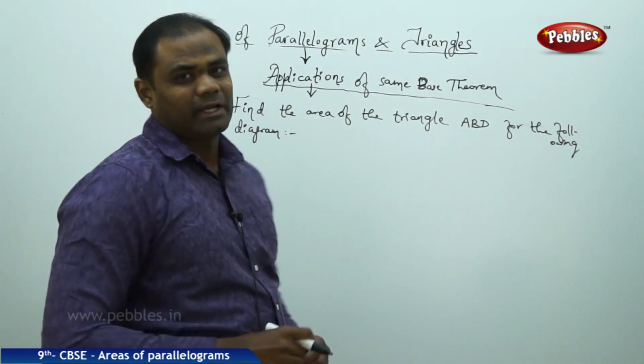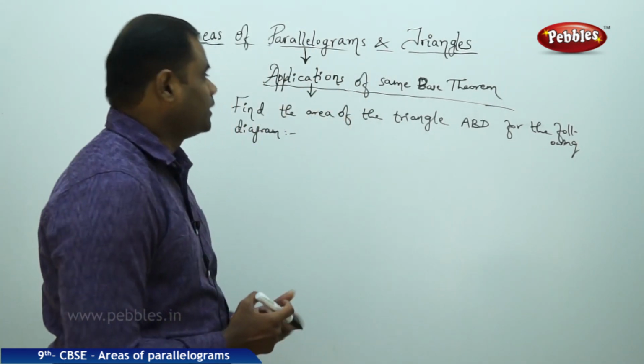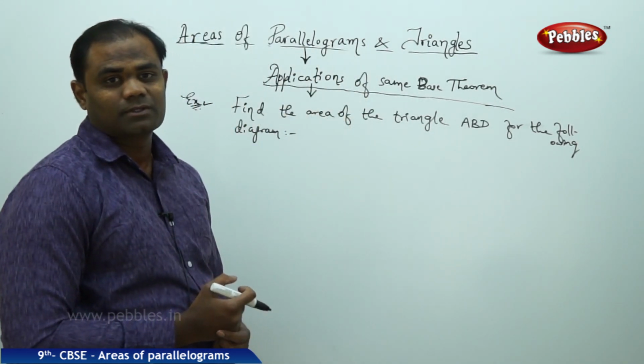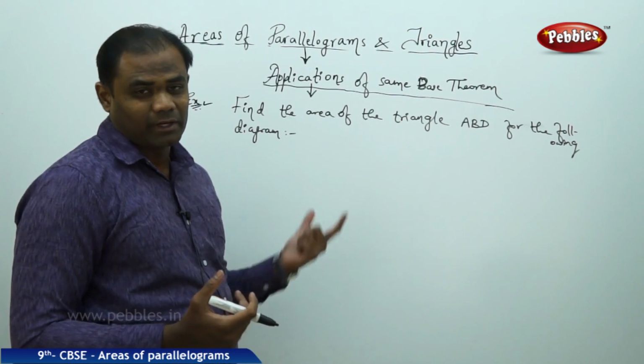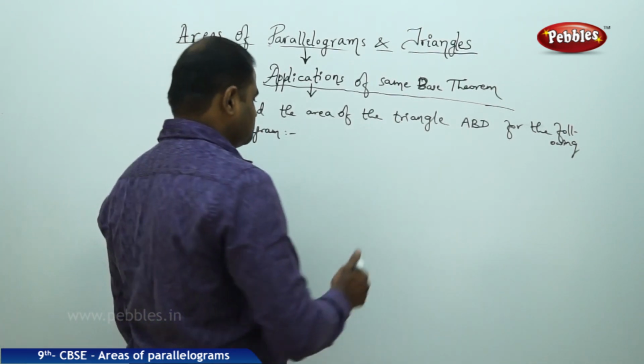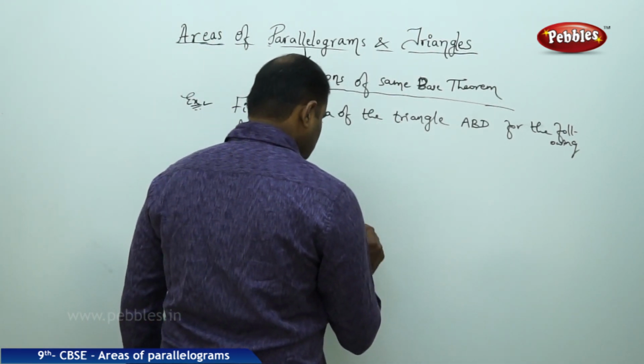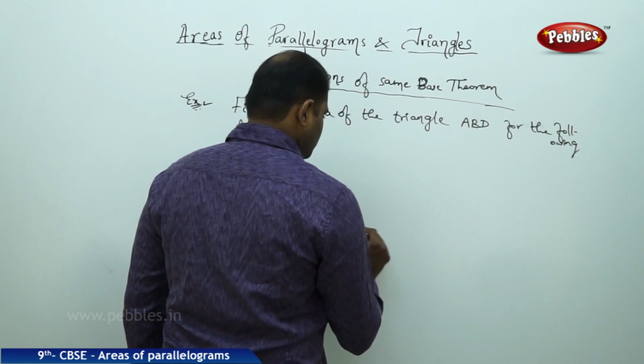So here I have a diagram in which I have to find area of triangle ABD. So let's see how we can find the area for the given problem. So here I have a diagram.